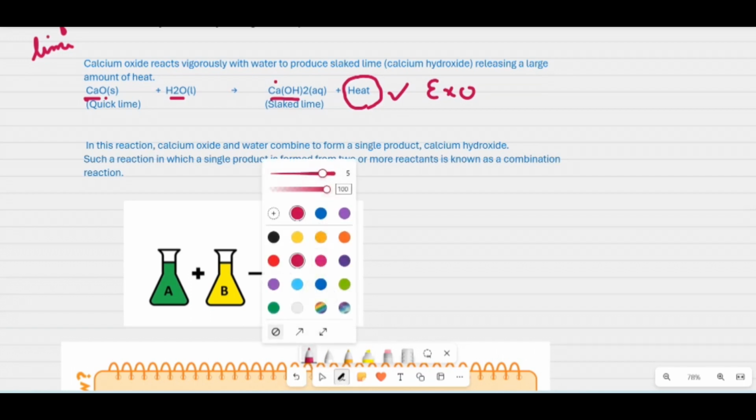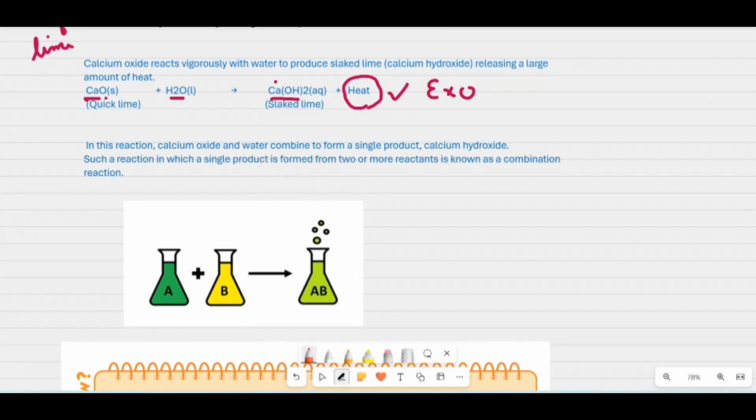Combination reactions are reactions in which reactant A reacts with reactant B, and we get a new product called AB. A reaction in which a single product is formed from two or more reactants is known as a combination reaction.